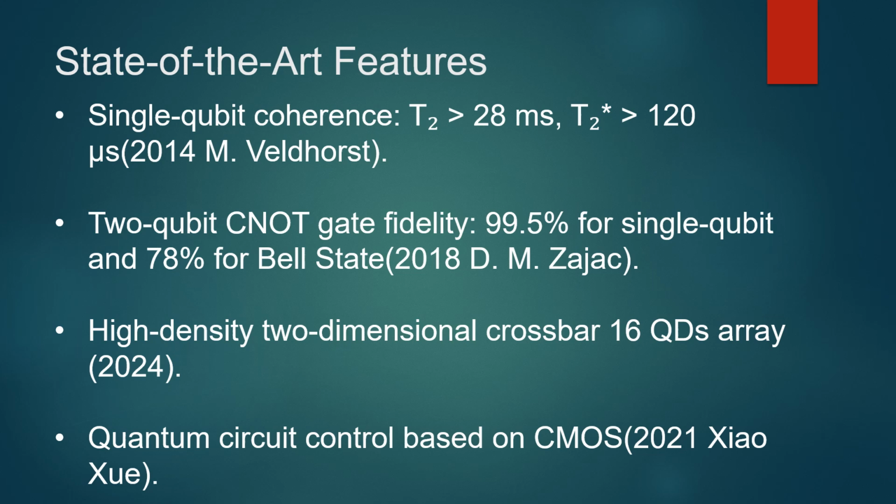Another paper published in Nature showed a high density two-dimensional crossbar consisting of a total of 16 quantum dot arrays. And lastly, we have quantum circuit control based on CMOS, which is from 2021. This one is really important because for the usual method for qubit control, a single qubit is wired through a single wire, because normal CMOS chips do not work under cryogenic conditions.